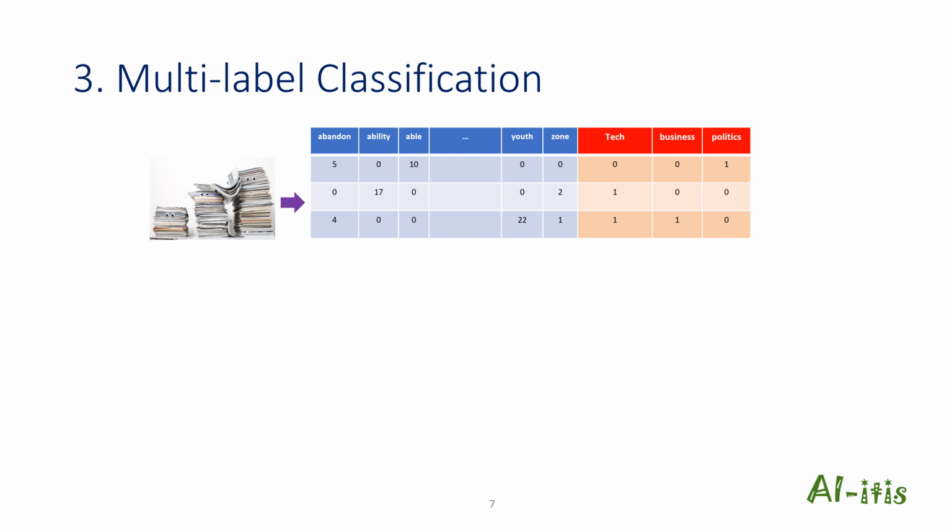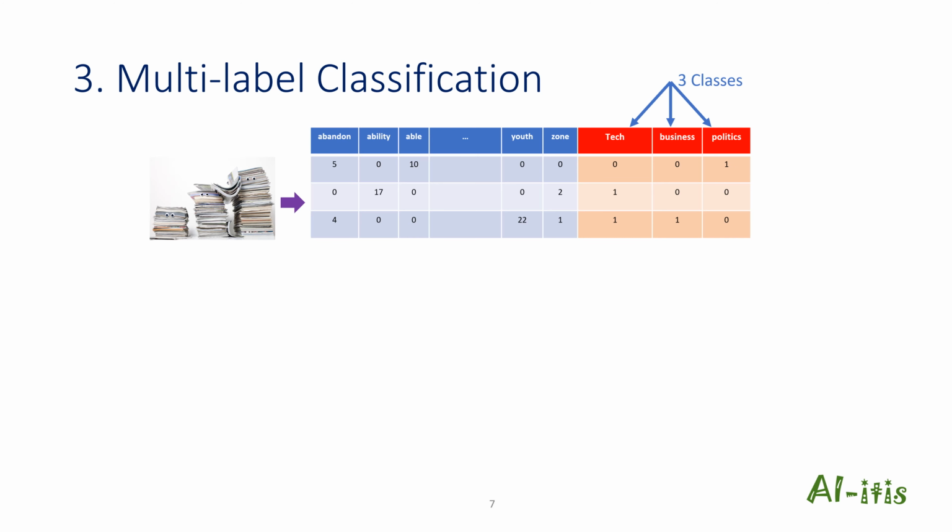We have a corpus of news articles, and the task is to find out the topics of each news article. The blue part of the table contains features of the news articles that we use as the input to the neural network model. Basically, these features are a simple bag of words representation of the news articles.